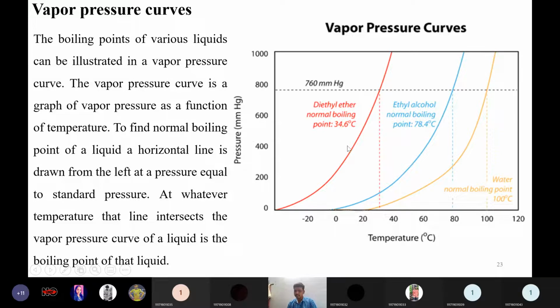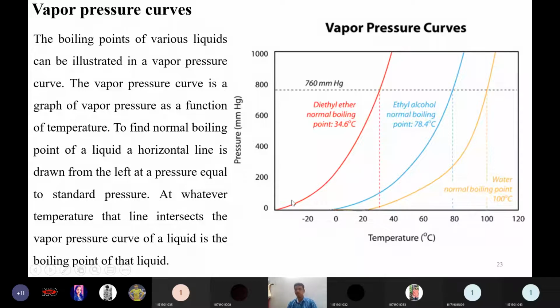Then this curve is for diethyl ether, whose normal boiling point is 34.6. How can we determine this boiling point? At 760 mmHg or 1 atma. If you project this until it touches this vapor pressure curve, and project this to the x-axis, there you can determine its normal boiling point is 34.6 degrees centigrade.